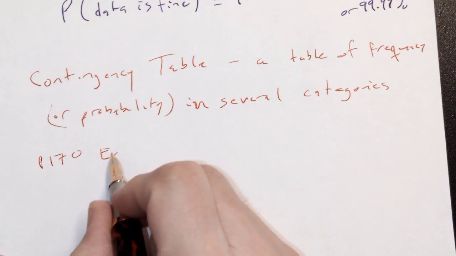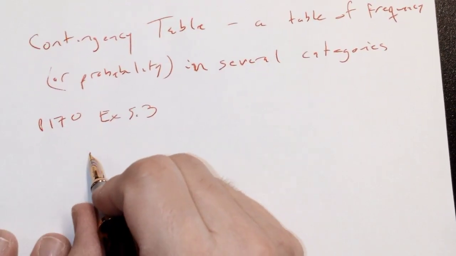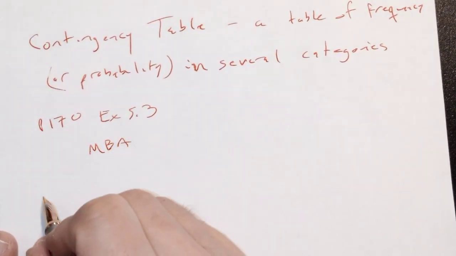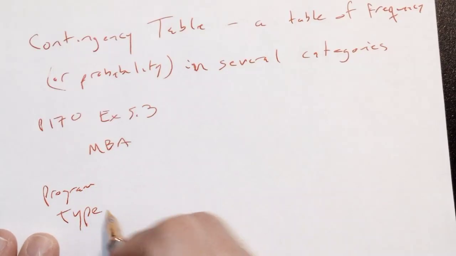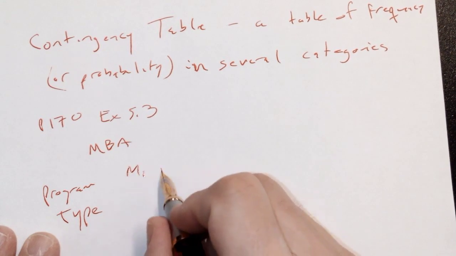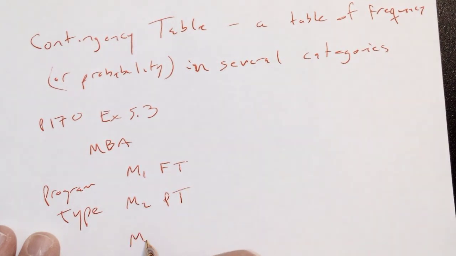example 5.3, where we look at a bunch of MBA students and we ask, which type of program are they in? And there are three types. M1 is a full-time program, M2 is a part-time program, and M3 is an executive program.